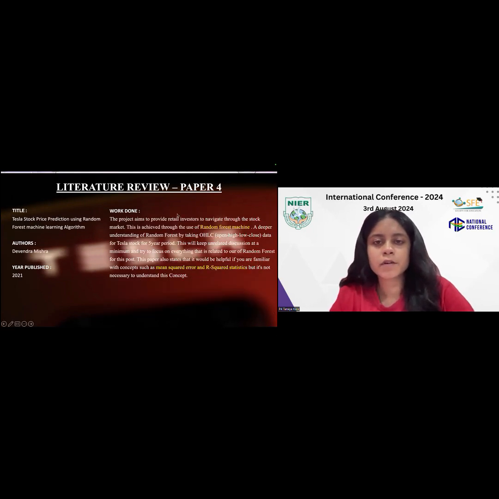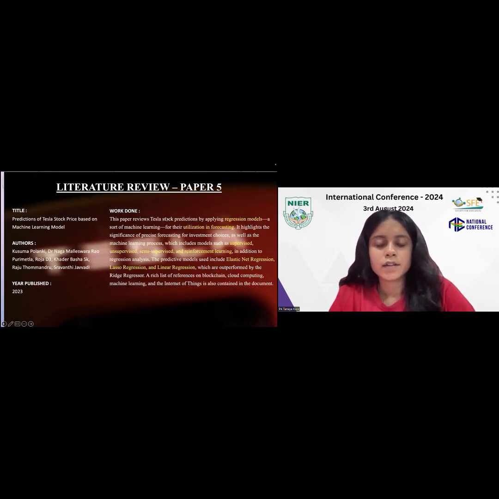In this paper also, they have used one technique for open, high, low, close parameters or the features that are there in the data set, that is the random forest machine. Again, they have used evaluation metrics like mean squared error and R squared statistics. Then in the fifth paper, the authors have applied regression models and supervised, semi-supervised and reinforcement learning.